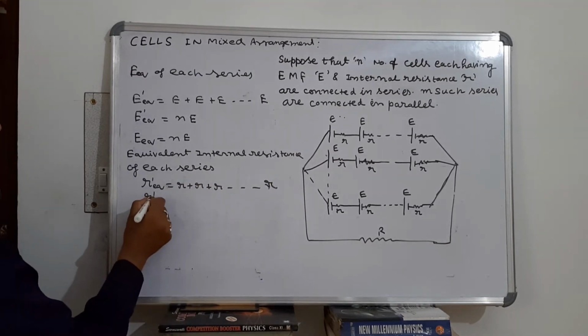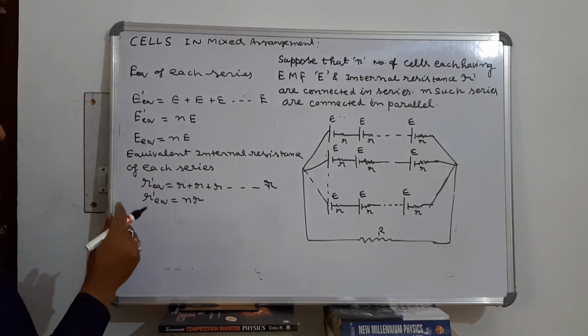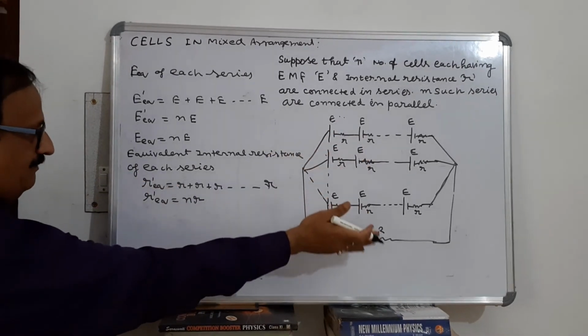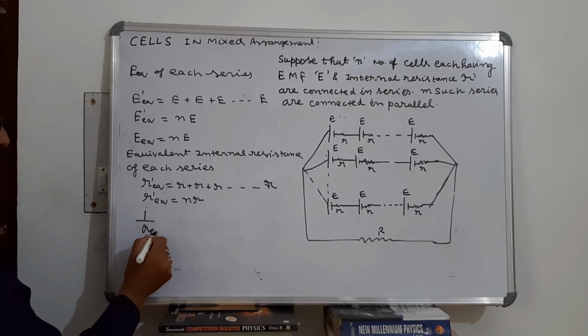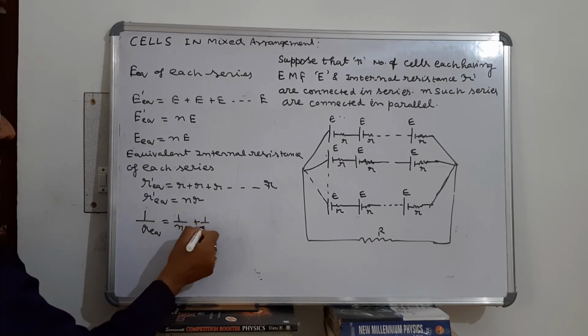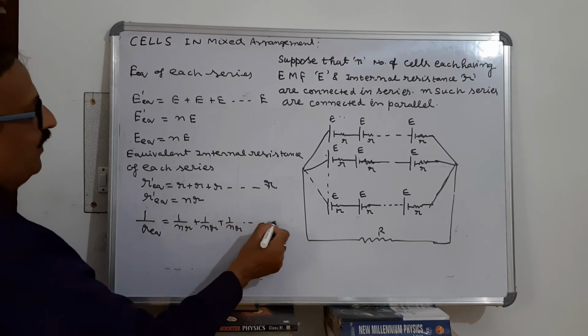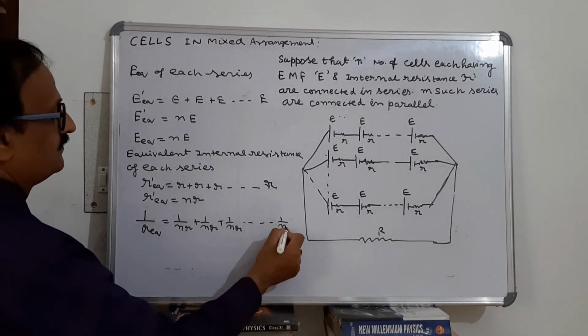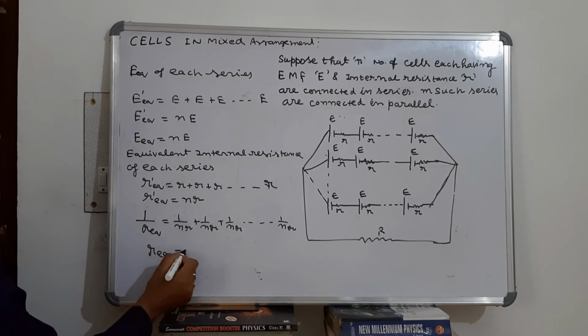Therefore, r dash equivalent will be equal to n times r, and such nr are connected in parallel. Therefore, 1 upon r equivalent is equal to 1 upon nr plus 1 upon nr plus 1 upon nr up to m terms. Therefore, r equivalent will be equal to nr upon m.